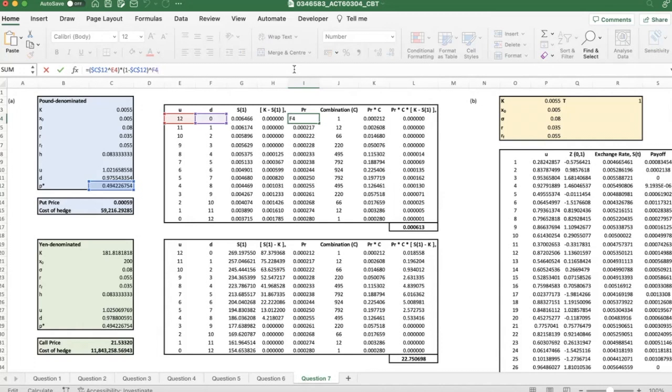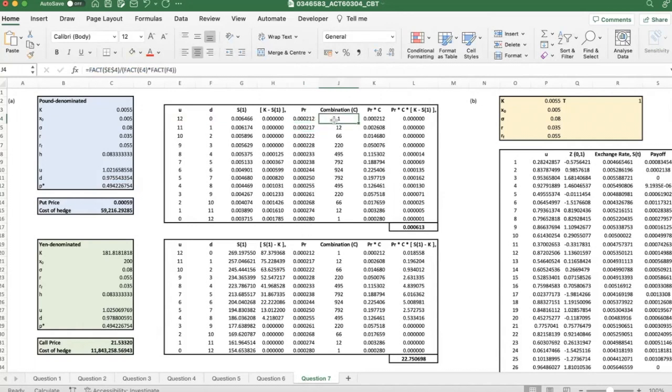When we factorize them all out, it's just the probability to the power of 12 multiplied by 1 minus the probability to the power of d, which is 0 here, and it goes on all the way to the bottom as well.